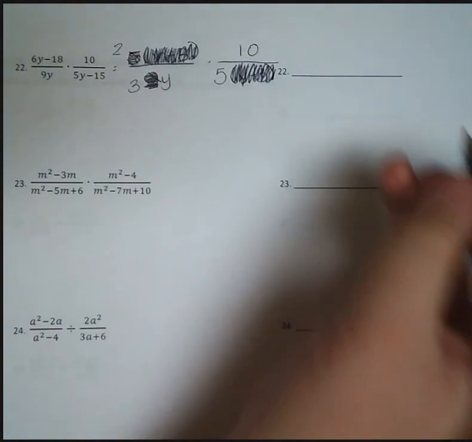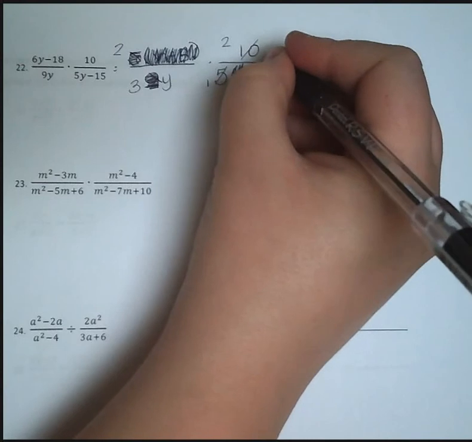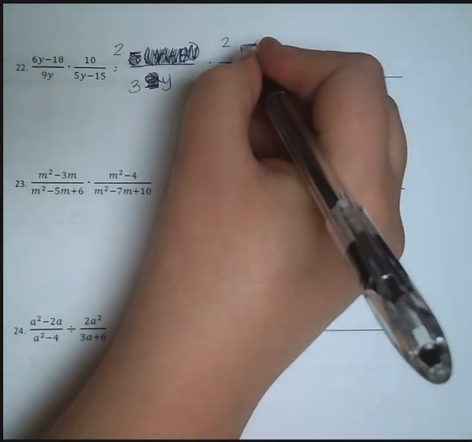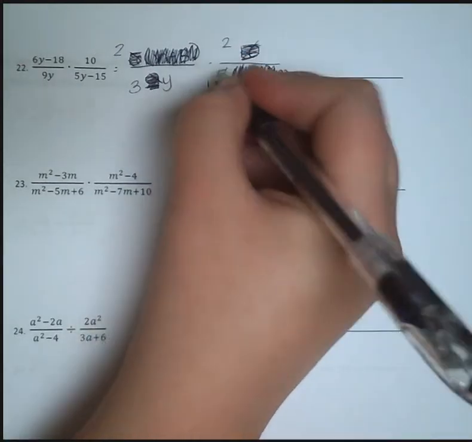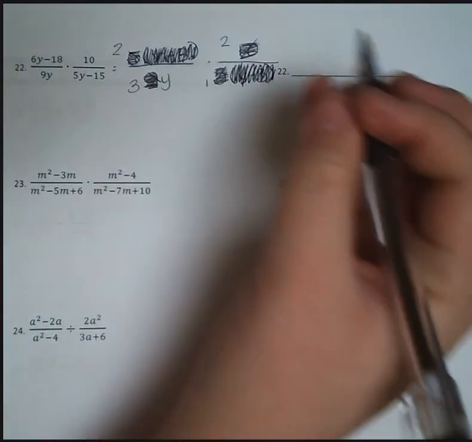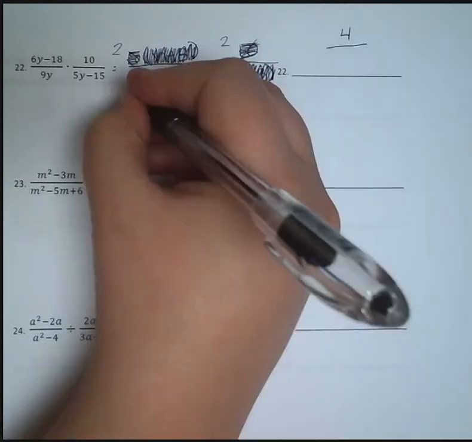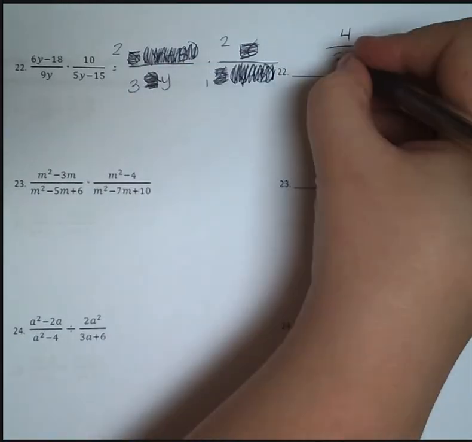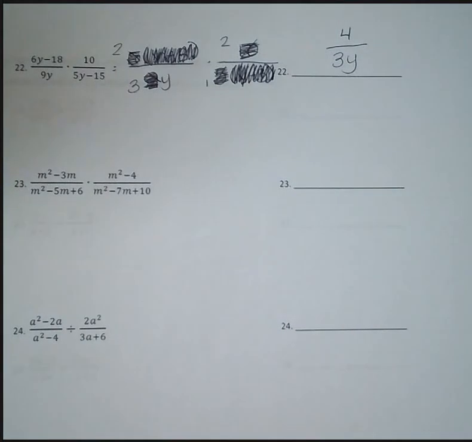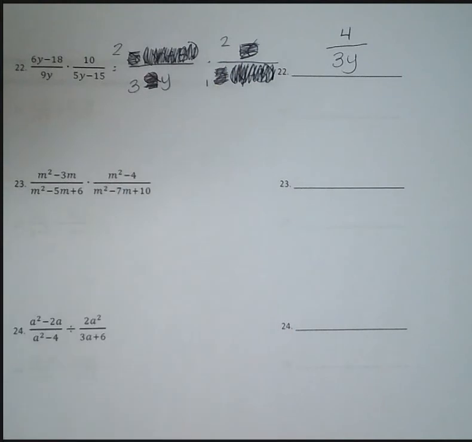And then my 5 and 10 will simplify to be a 1 and 2. I'm going to black those out as well. So that gives me 2 times 2, which is 4, 3 times y, which is 3y. What a lot of people will do is forget that y is even there, so that's why we blacked out a lot of it. Okay?